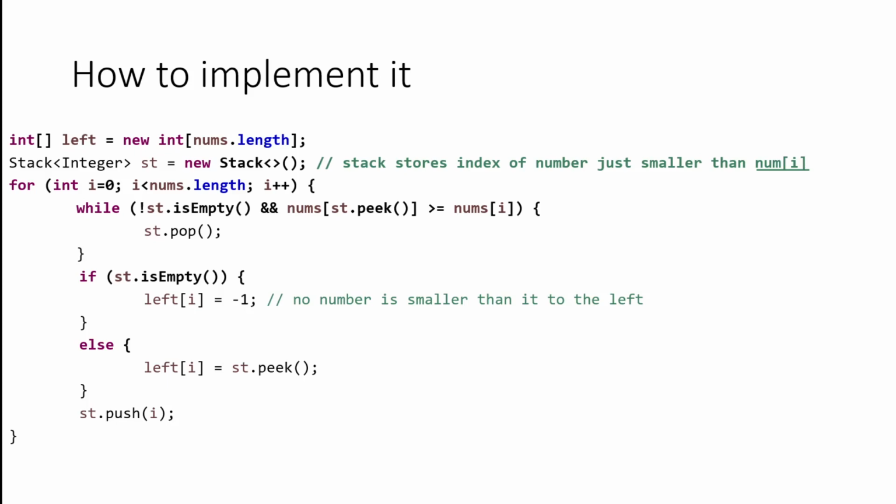Otherwise, we know to store at this index, we peek at the stack to figure out the index of the number that's just smaller. And of course, at the end, we want to push in our current index because that just lets us directly compare the next element to what we just pushed in and use that information.